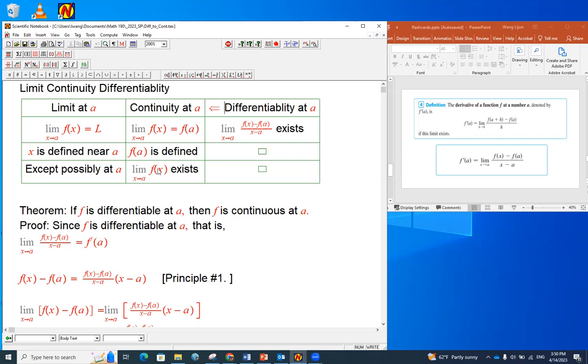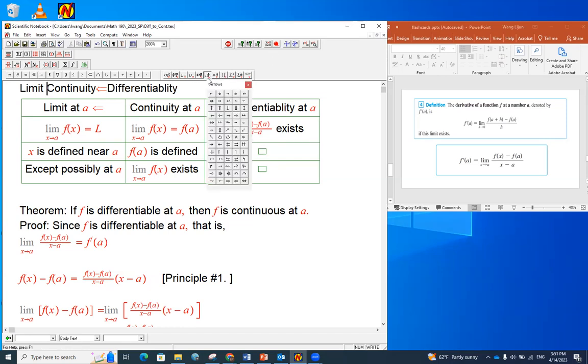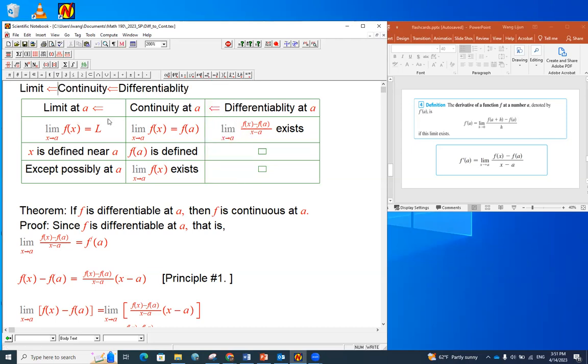One of the conditions in continuity is that the limit exists, so continuity also guarantees the limit exists at A. So differentiability guarantees continuity, and continuity guarantees limit, but not the other way around.